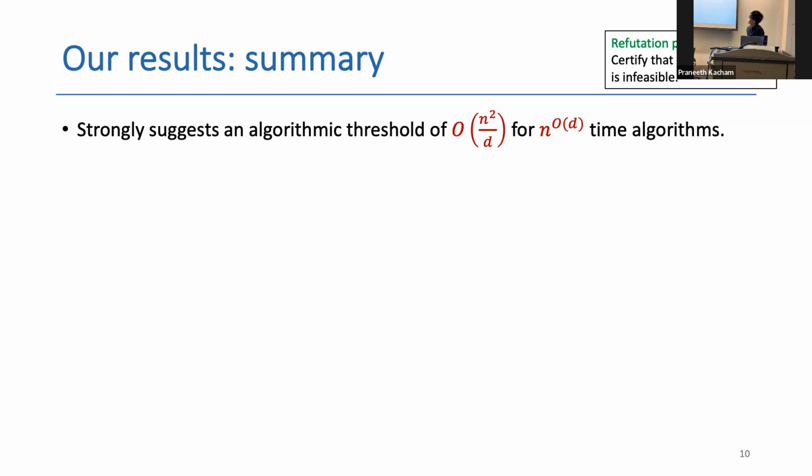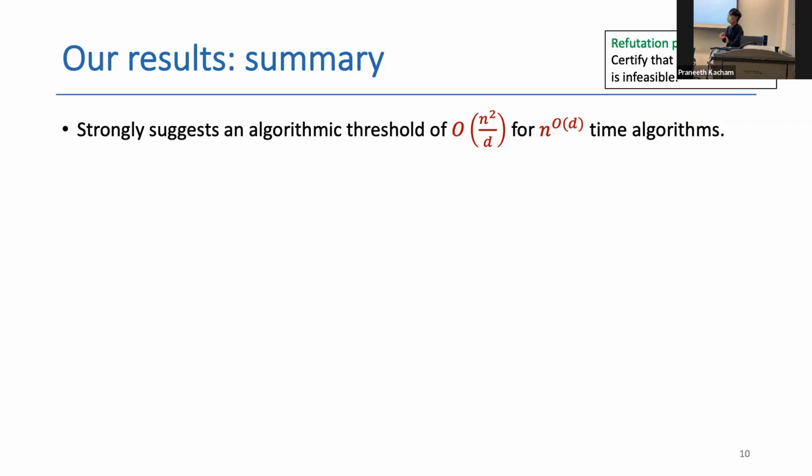For degree SOS, I think you need roughly n to the 2D variables, and I forgot the size of the SDP actually. Pravesh, do you remember? There are two degrees here and that might be confusing. Are you talking about the extension of the result to degree D polynomials, or about higher degree SOS relaxation?